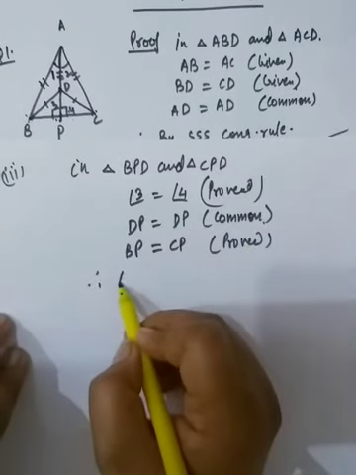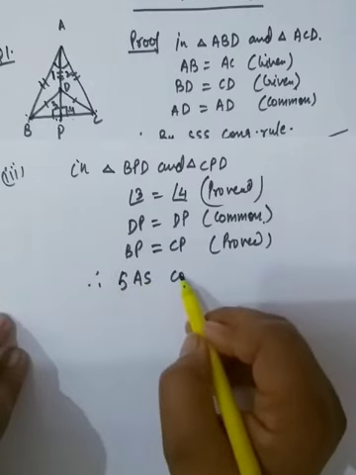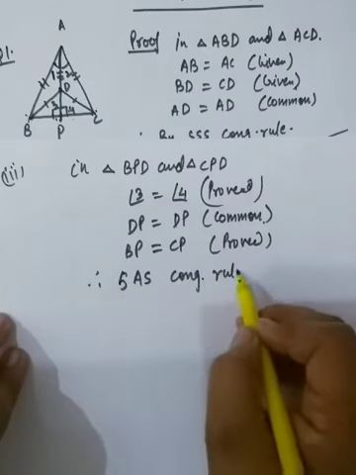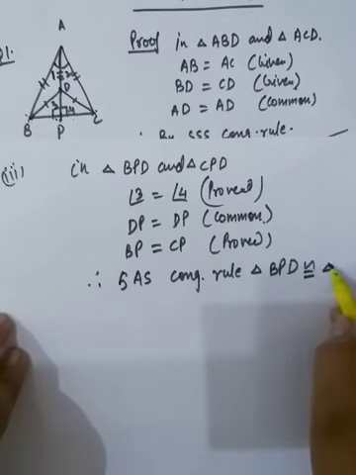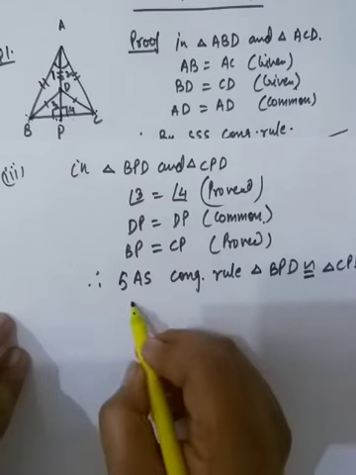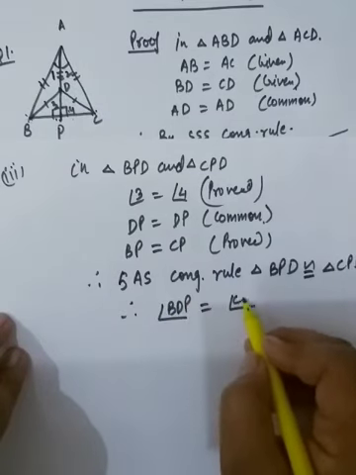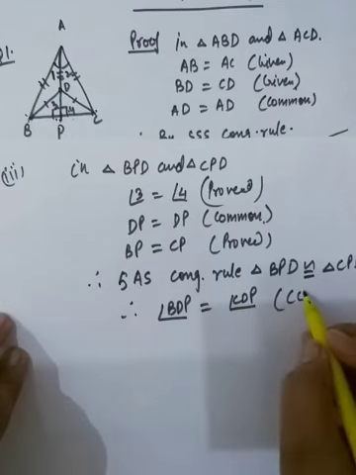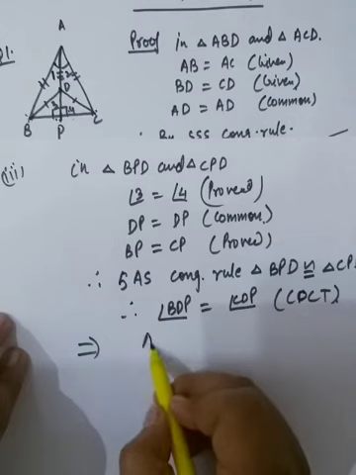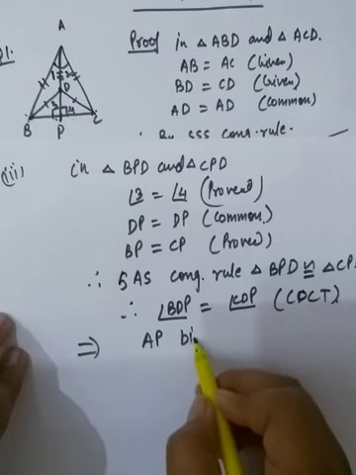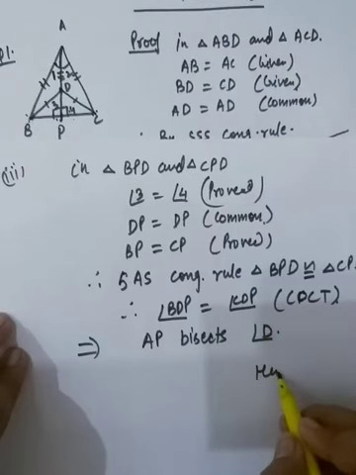So therefore, by SAS congruency rule, triangle BPD is congruent to triangle CPD. Therefore, angle BDP is equal to angle CDP by CPCT. So this gives AP bisects angle D, hence proved.